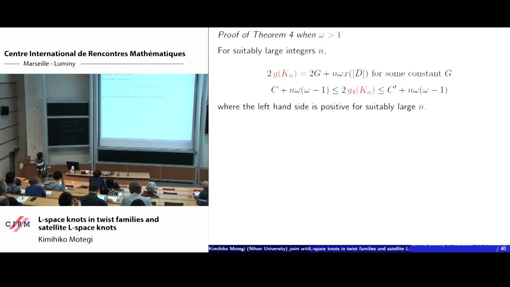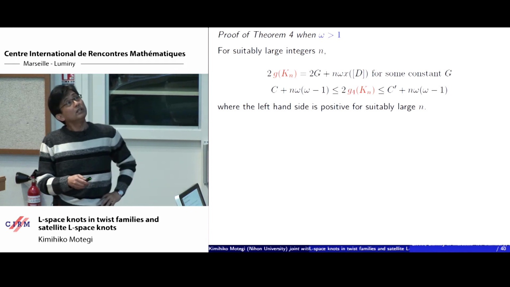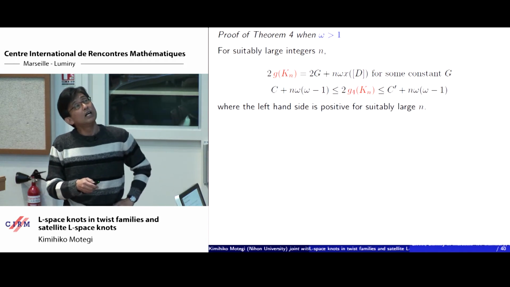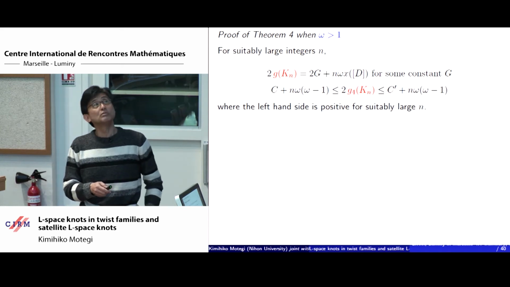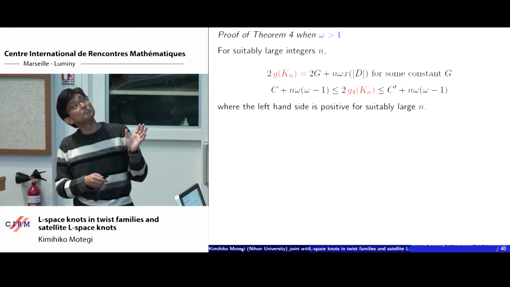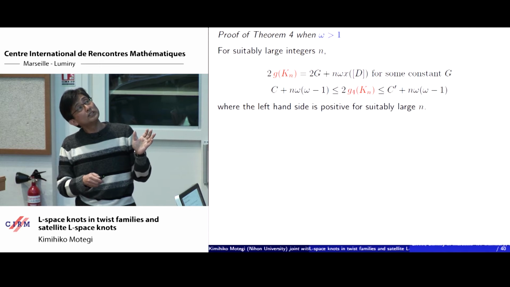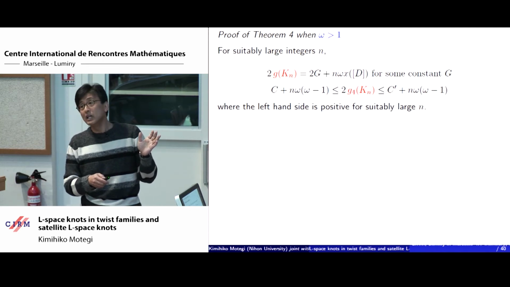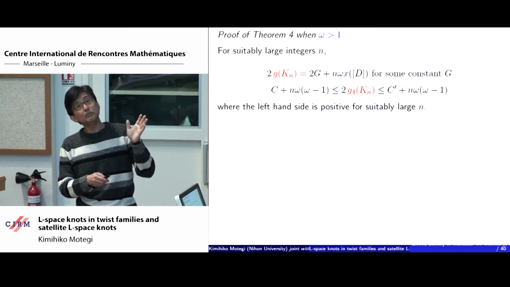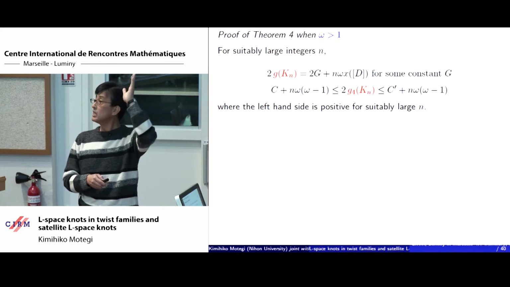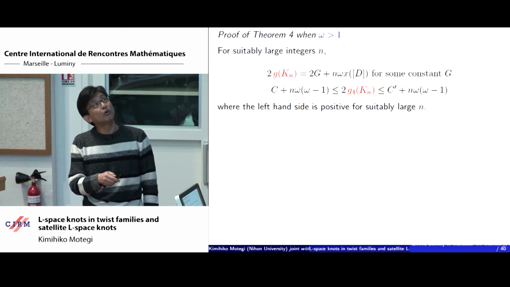This g depends only on the original knot K and the twisting circle C. And for the slice genus, we have the inequality: twice the slice genus of Kn is bounded from below by C plus n omega(omega minus 1) and bounded from above by C prime plus n omega(omega minus 1). The left hand side of this inequality may be negative, but if we choose n sufficiently large, then this side is also positive.